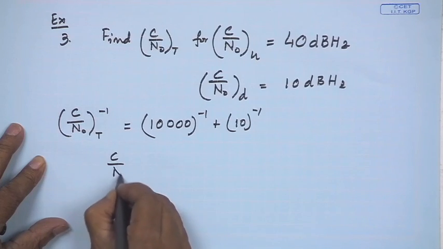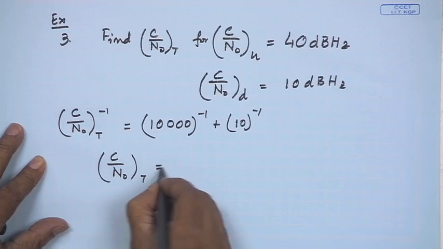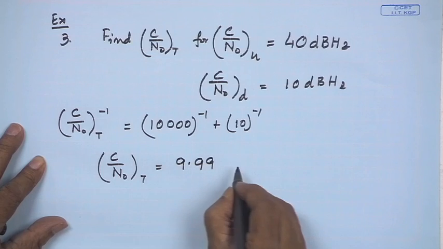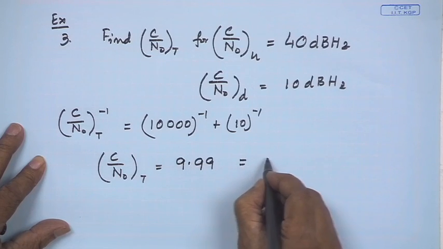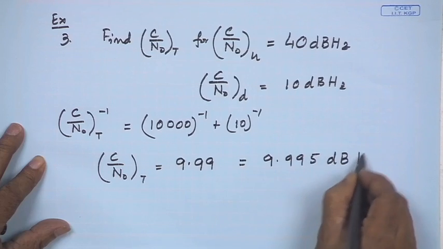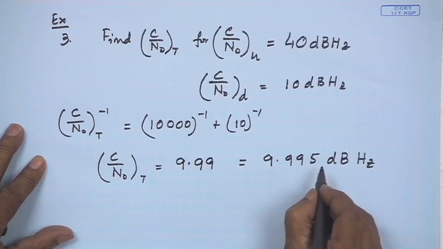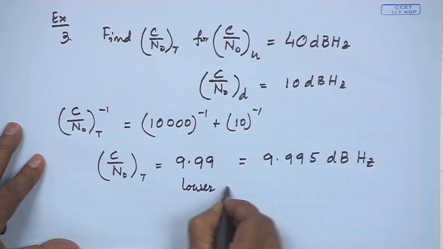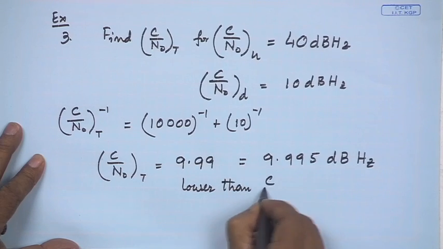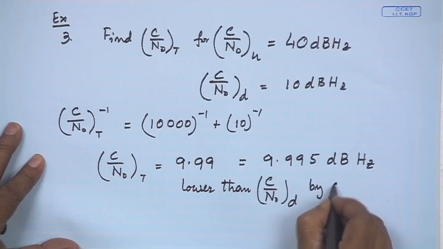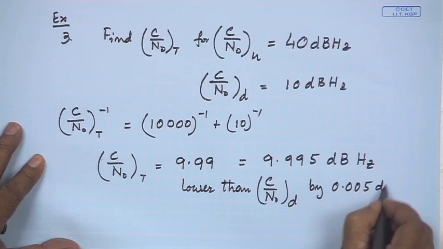So, C by N 0 total will become 9.99 approximately, and that means in dB it will be 9.995, let us say, dB hertz. In calculator you will find some more decimal points. So, now that is lower than C by N 0 down by 0.005 dB.